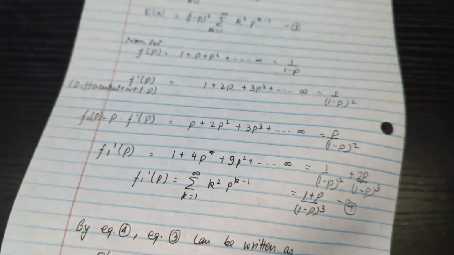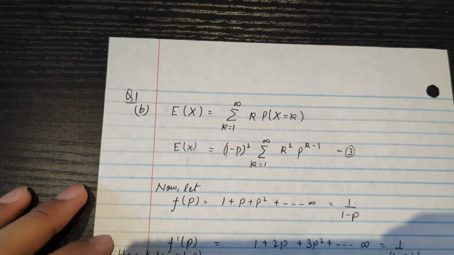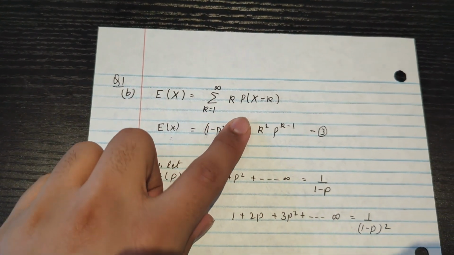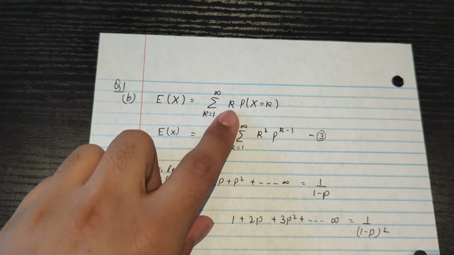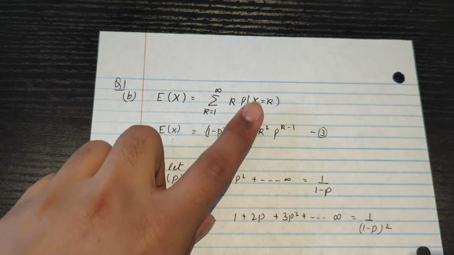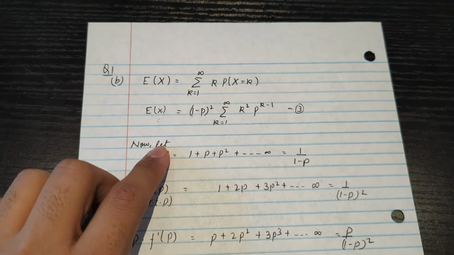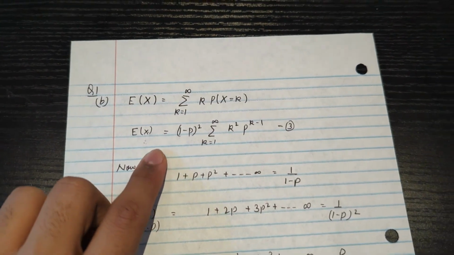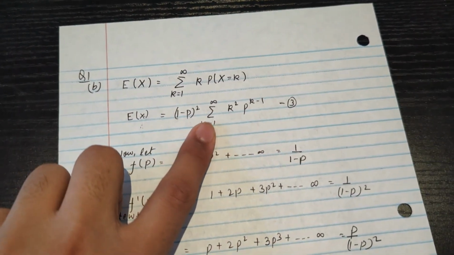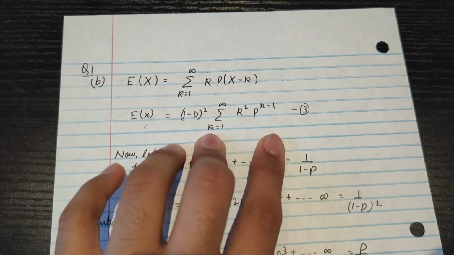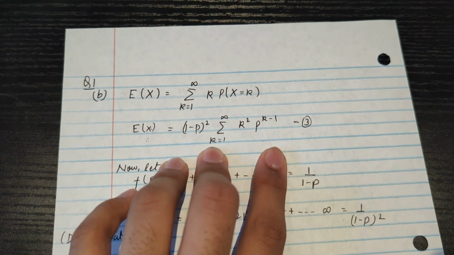Now for the second part, we have to find the expectation of x. Expectation of x can be written as the summation k equals 1 to infinity of k P(X = k). Replacing what we got from part A, the expectation comes to (1 minus p) whole square times another sum, k square p to the power k minus 1.